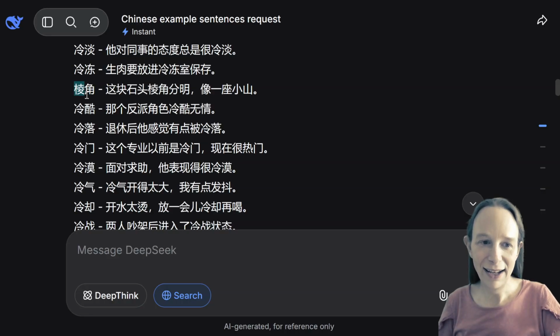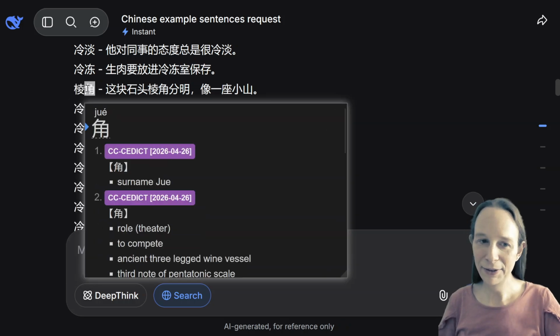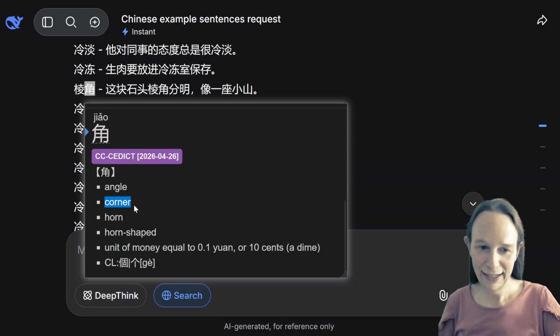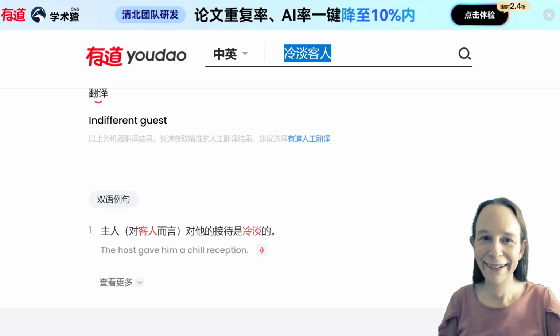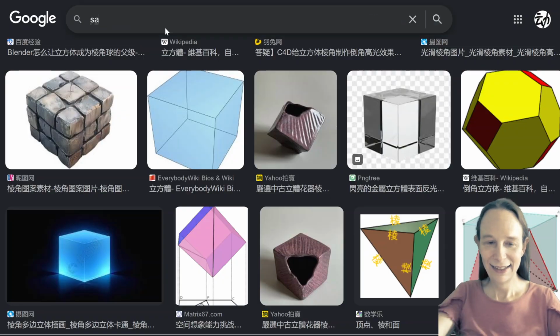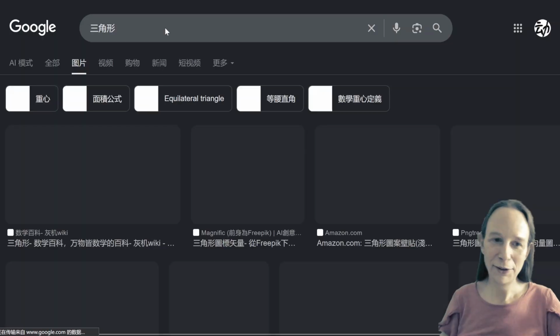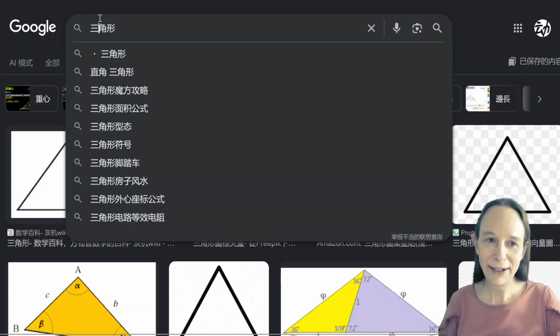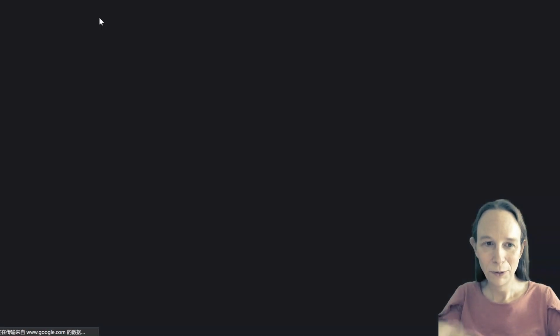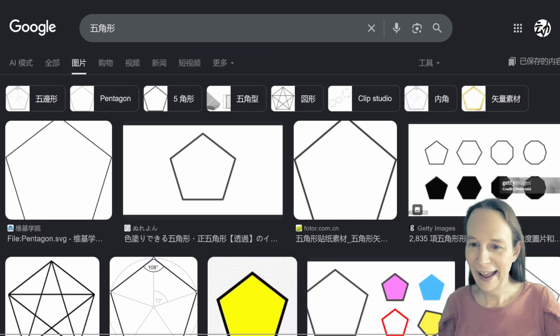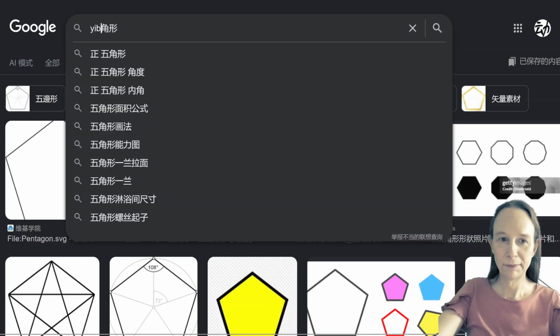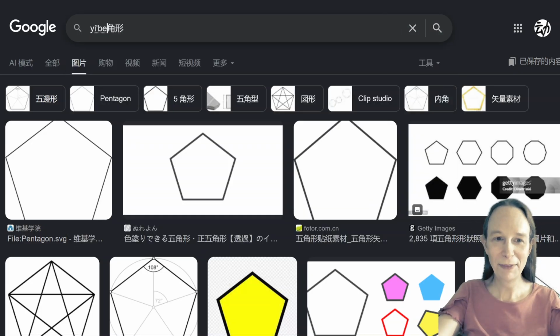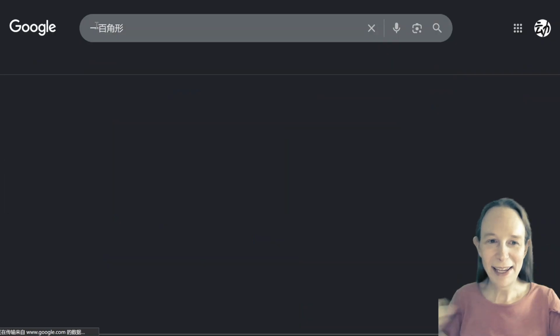we know 棱, 角. 角 is also corner, but 角, corner of like a triangle. 三角形, so three-corner shape. 三角形, three-corner shape, five-corner shape, etc. Never thought about this, but let's give it a go. 一百角形.